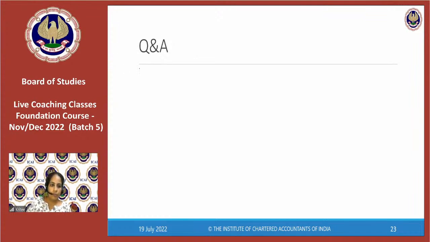So question number 70, page 1.41. This says value of a raised to power log b by c into b raised to power log c by a into c raised to power log a by b.